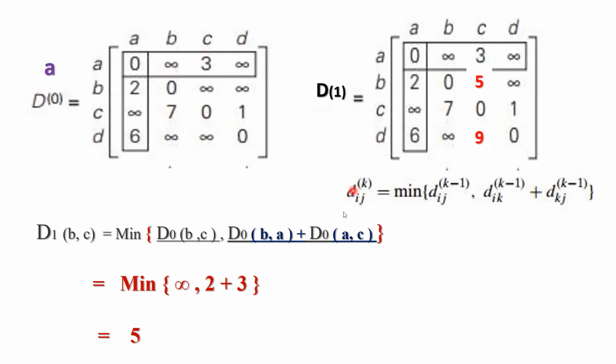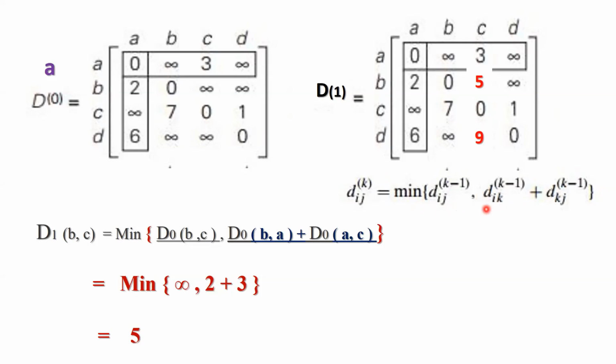So we shall try to understand this formula. For any entry I to J, we must consider the minimum in the previous matrix, that is K minus 1. If I want to update matrix 1, that is D1, I must check D0. If K is 1, K minus 1 will be 0. So I must consider the cost mentioned in the previous matrix, along with the path by considering the intermediate vertex.